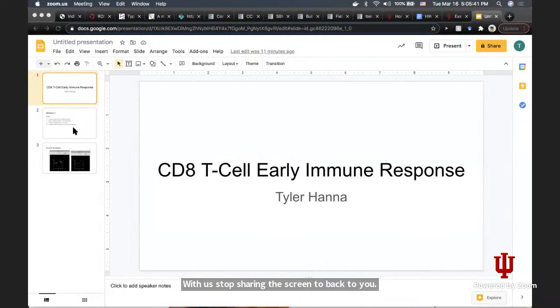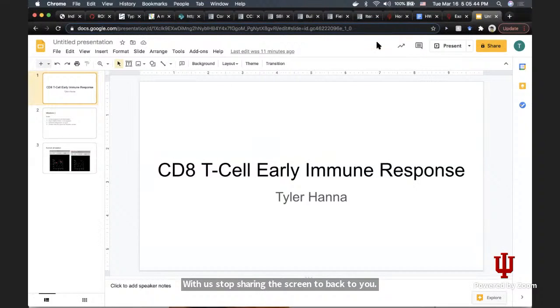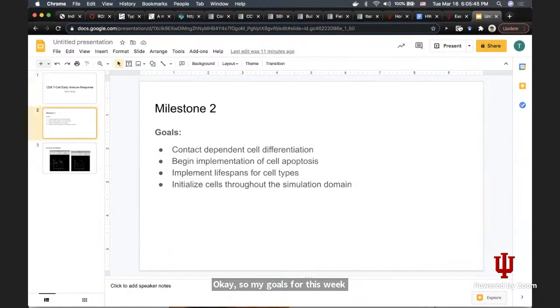Okay, so my goals for this week, my goals for each week actually have been changing as I update the elements and add elements to my project. The logical flow of how I'm going to build this changes week by week.